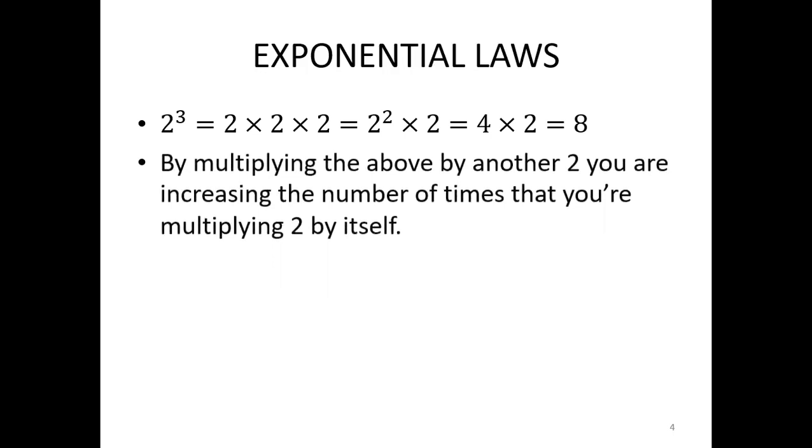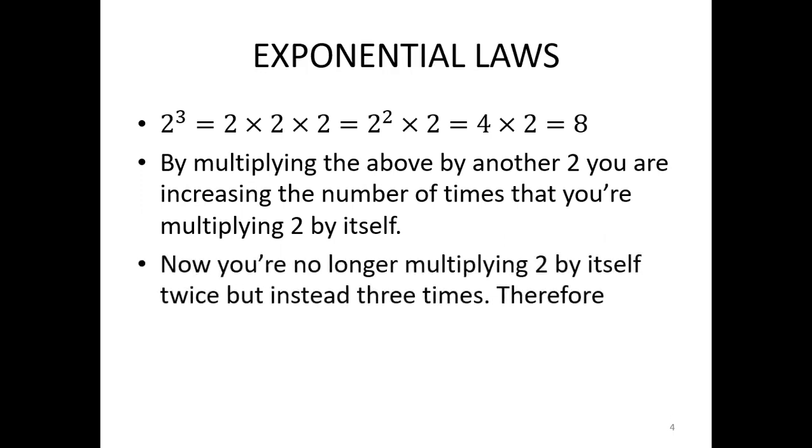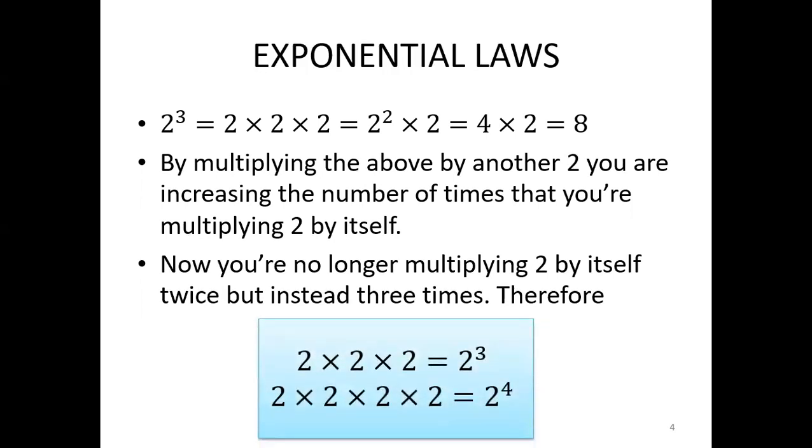If we were to multiply 2 cubed by another 2, you will be increasing the number of times you're multiplying 2 by itself. Now you're no longer multiplying 2 by itself twice, but instead 3 times. Therefore, if you multiply by another 2, it will give you 2 to the exponent of 4.